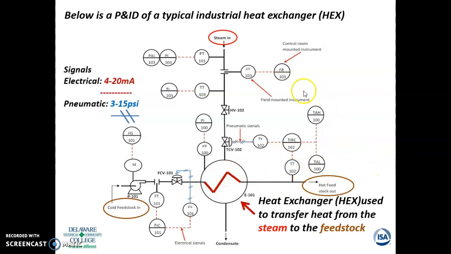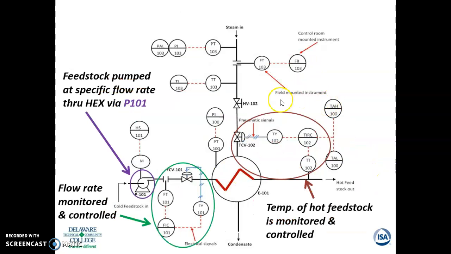Over here is another loop. We'll go over that in the next slide. So again, the feedstock is pumped, and we just talked about this, through the flow. Now let's talk about the temperature control. There's a temperature transmitter 102 in this line, and that's not even an element, it's just a transmitter. It sends to the temperature indicating and recording controller 102. Again, all 102. Over here it's showing TAH 100 and TAL 100.